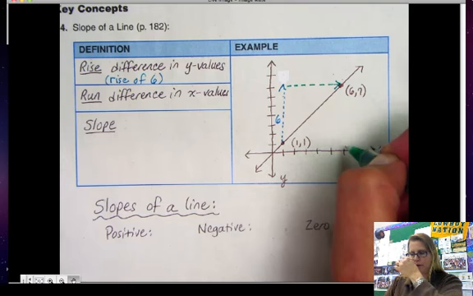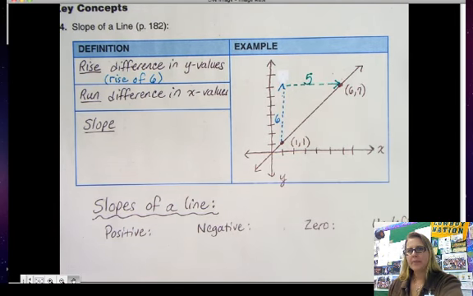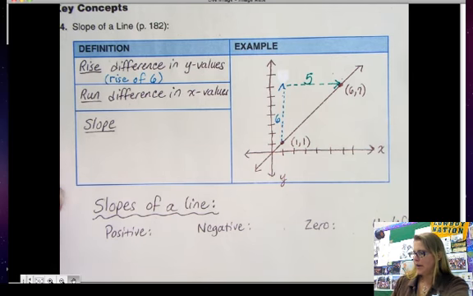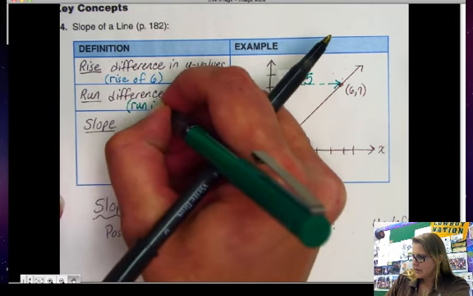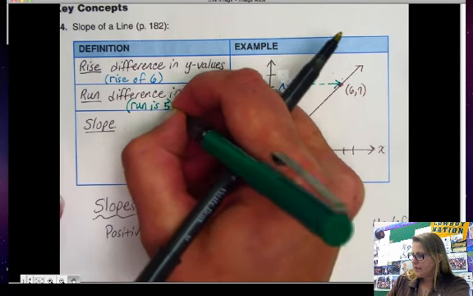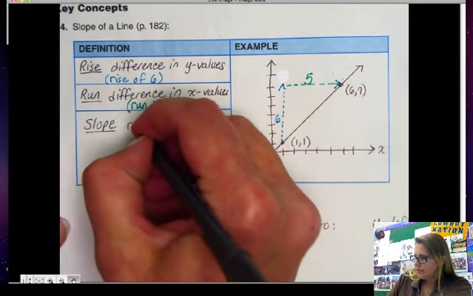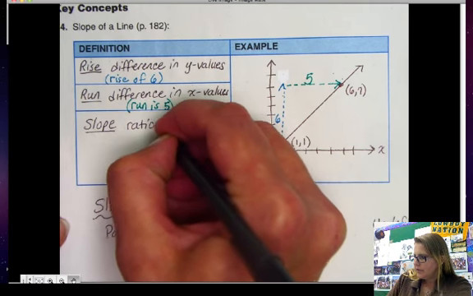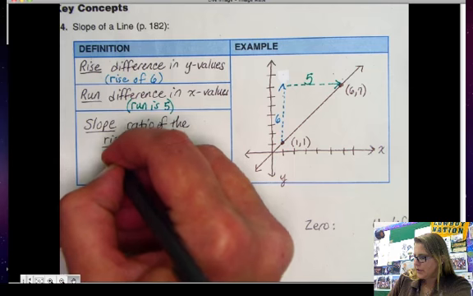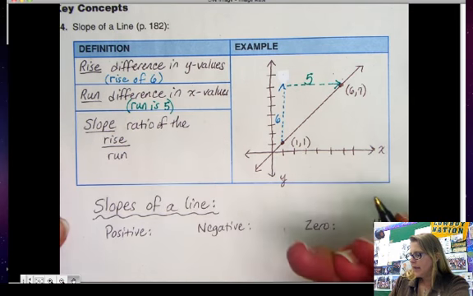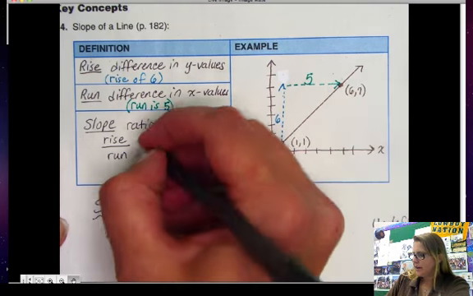So my run is 5. My slope is a ratio of the rise over the run, and my rise over run in this case is 6 over 5.